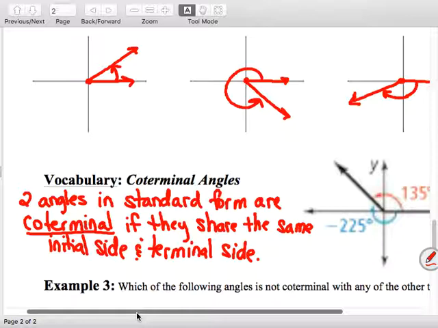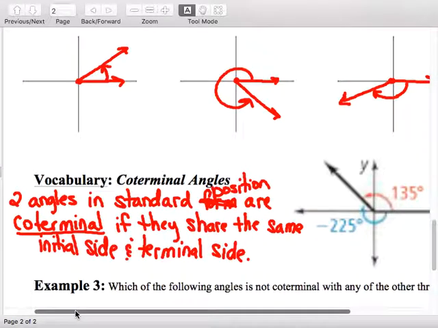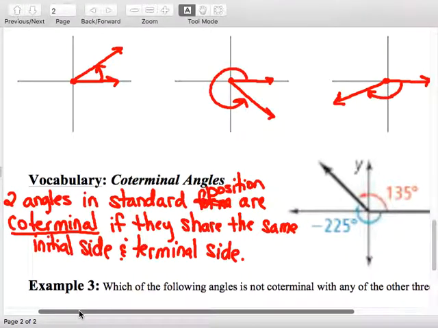Again, two angles in standard position are coterminal if they share the same initial side and terminal side. And I have an example here to the right.